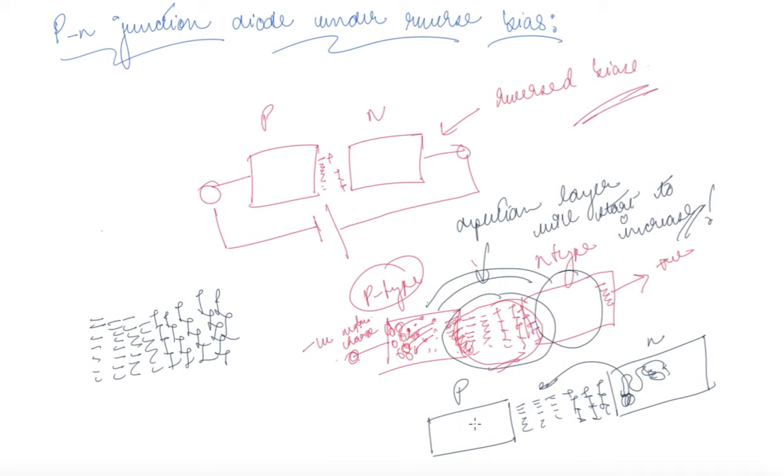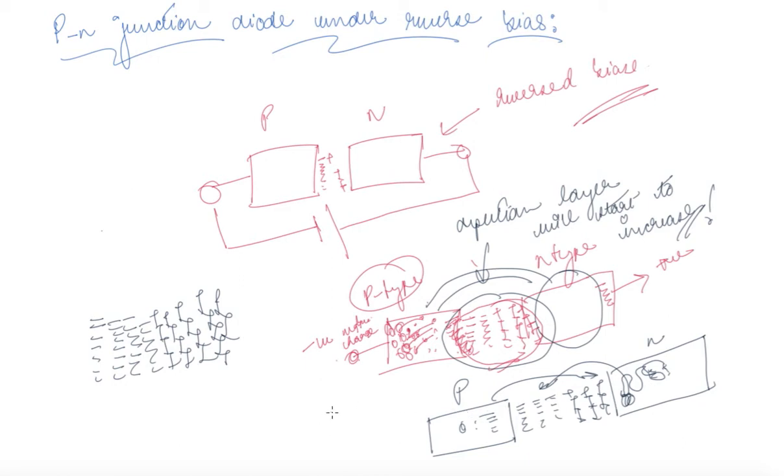And similarly, if an electron is coming over here, it will be swept to the other side. So because of the random motion, it does not matter upon your potential.